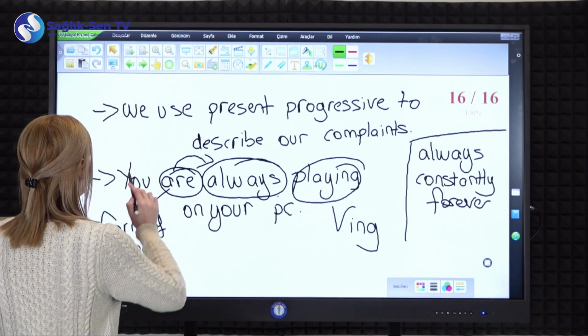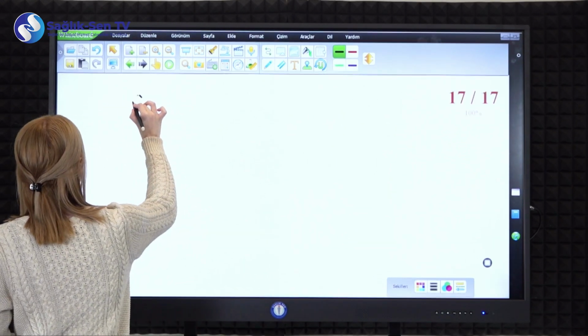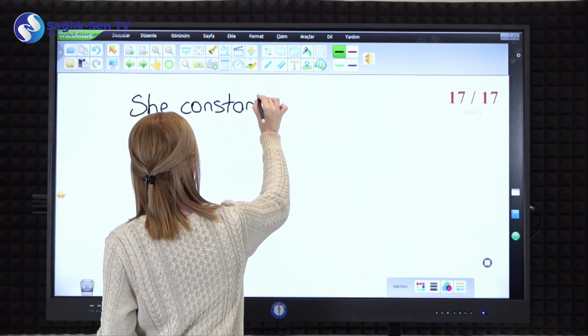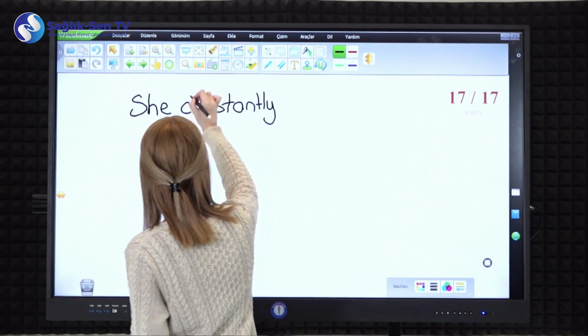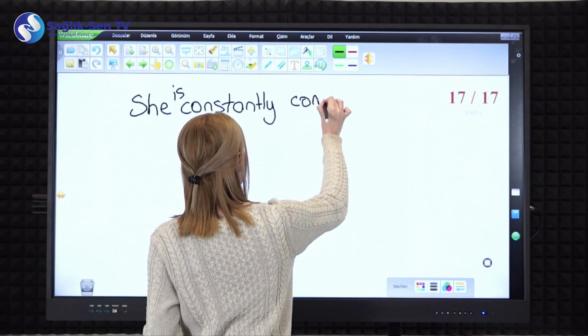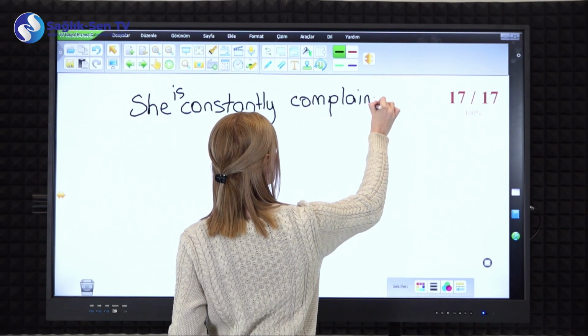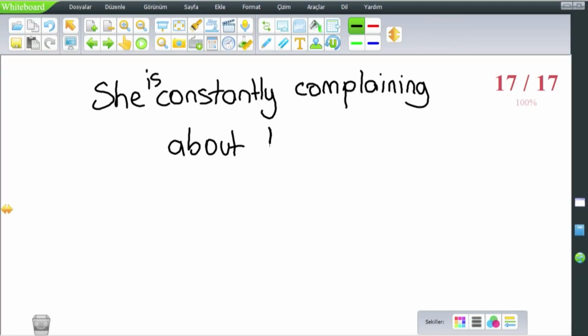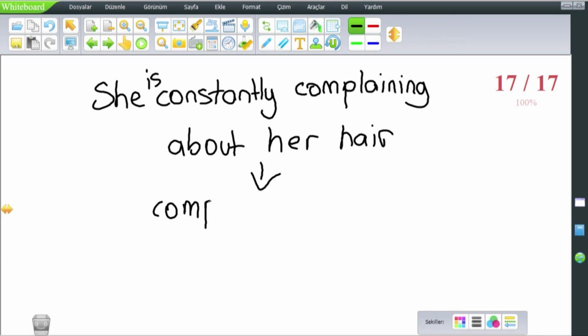Let's give one more example. She is constantly complaining about her hair. This is a complaint and present progressive.